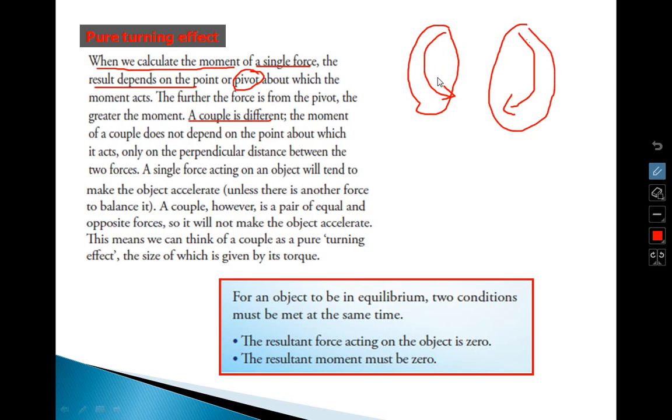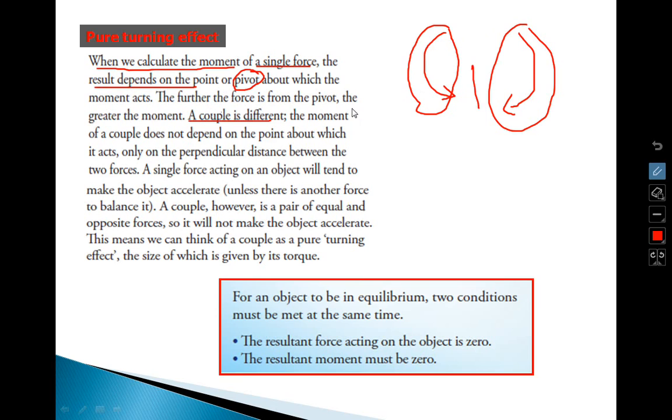We said in the last presentation that the clockwise moments are equal to the anti-clockwise moments. The total moment depends on the point of pivot.